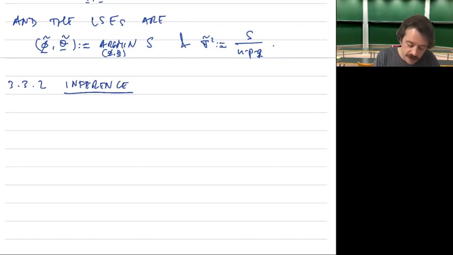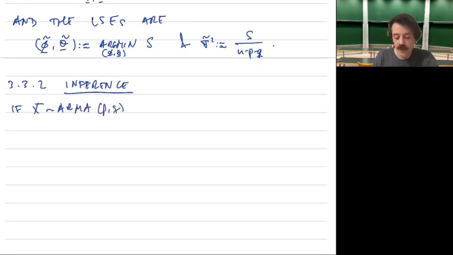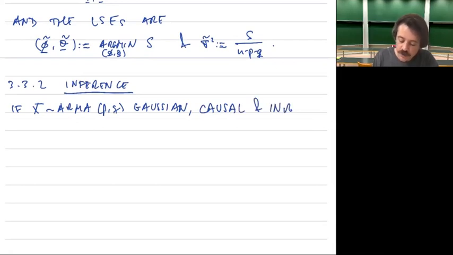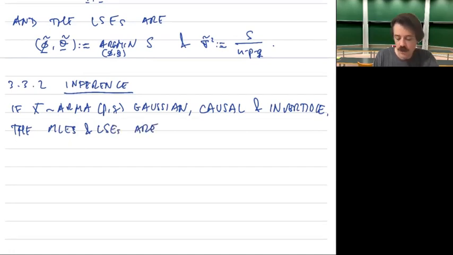So let's say that if X is ARMA(p,q), but it is also Gaussian, causal, and invertible, then the MLEs and the LSEs are asymptotically normal.